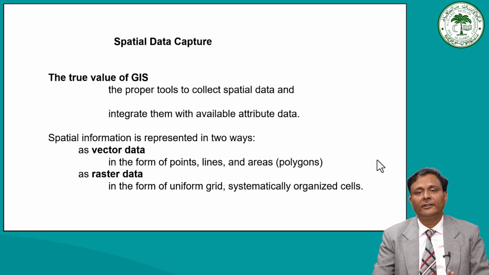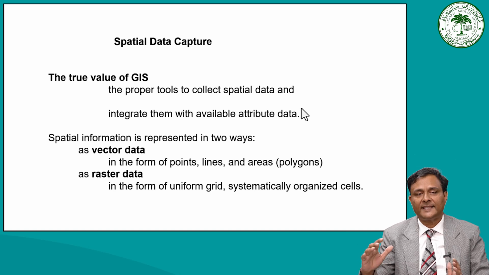The advantage and relevance of spatial data is its ability to integrate data from different sources and analyze them. That is the functional ability of spatial information science. So the true value of GIS and SIS is that it is the proper tool to collect spatial data and integrate it with available attribute data.